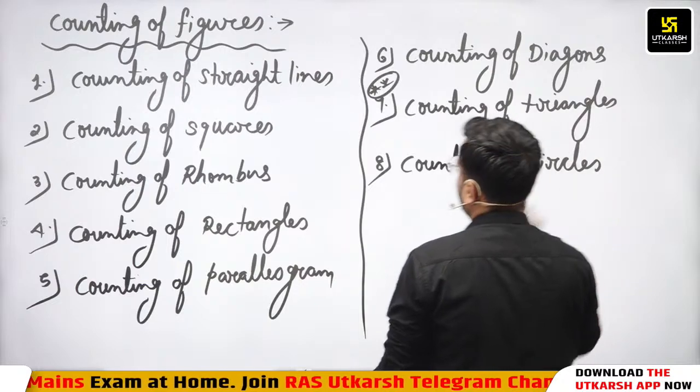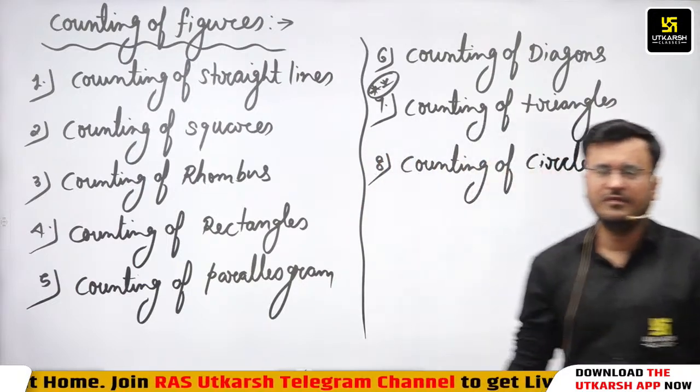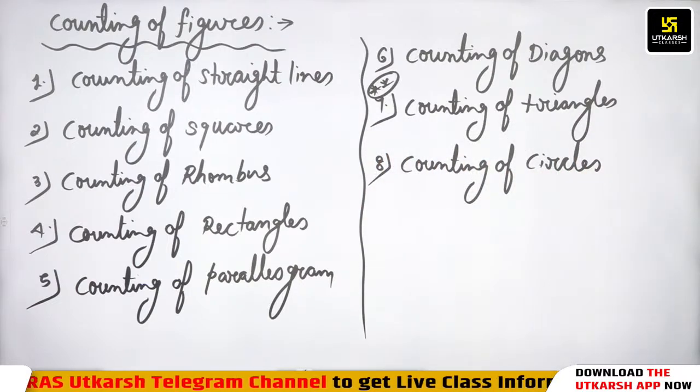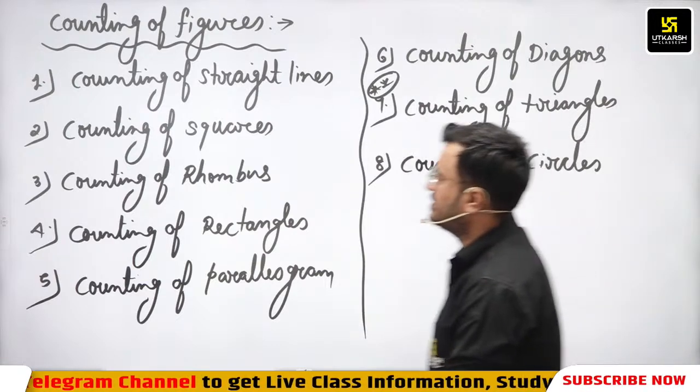So basically there are 8 different figures we need to count in this topic, that is your counting of figures.